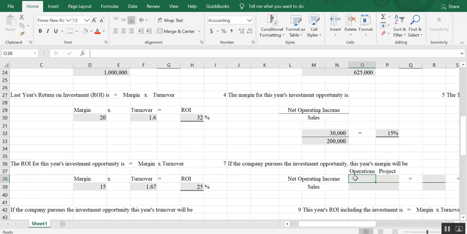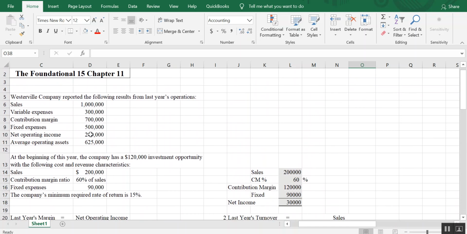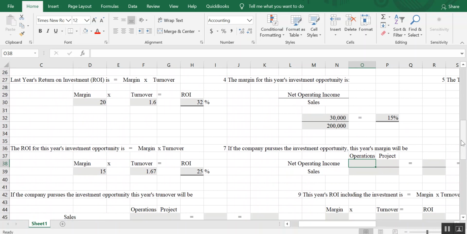So we want to take the net operating income that was there for operations, and that's what we have up here. So we're going to take that net operating income of 200,000. We're going to add to it the net operating income for the project.